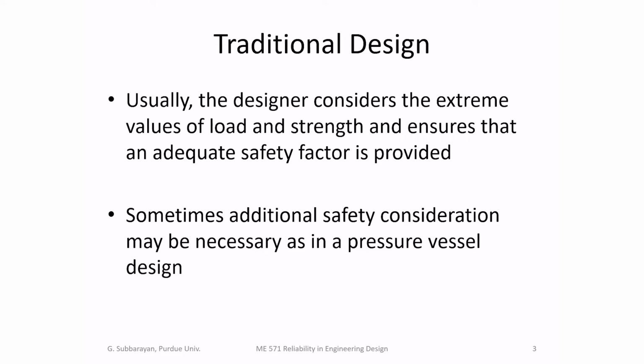So there's a lot of uncertainty that gets lumped into the safety factor. And sometimes we put in a larger safety factor when the impact of failure is serious, such as in a pressure vessel. If it explodes, it might have some catastrophic consequence to human lives, and therefore we put a larger safety factor.